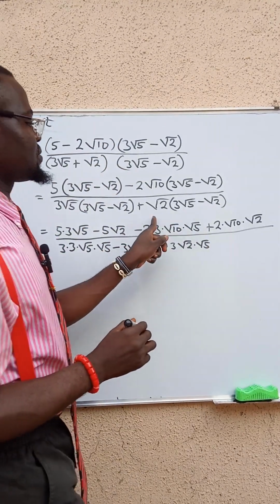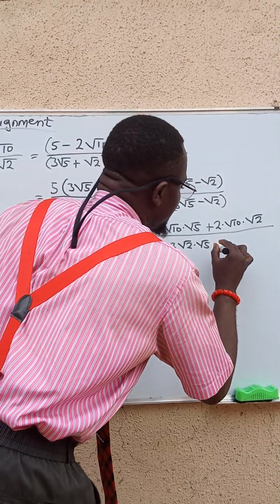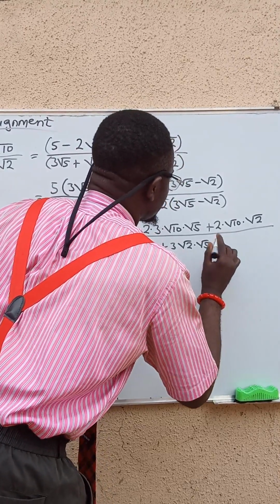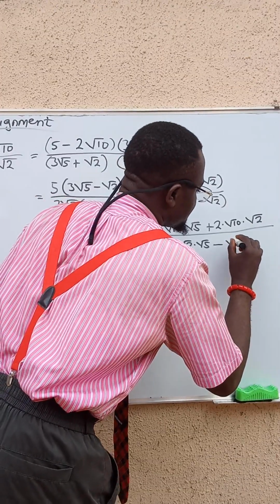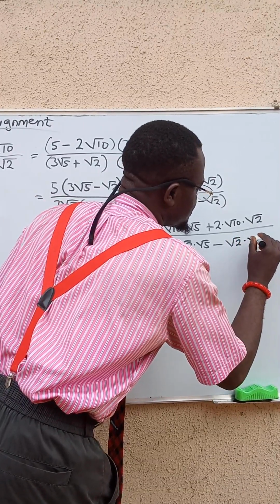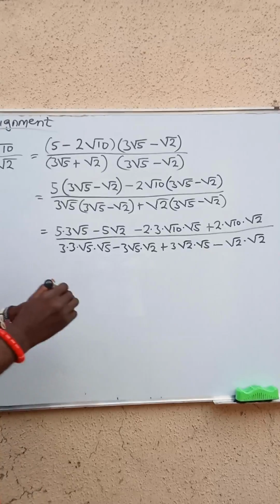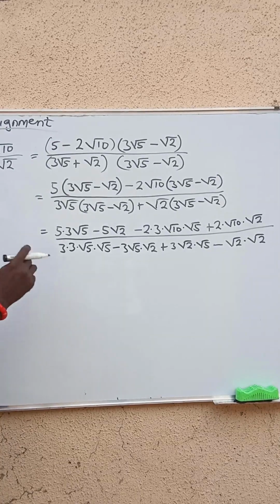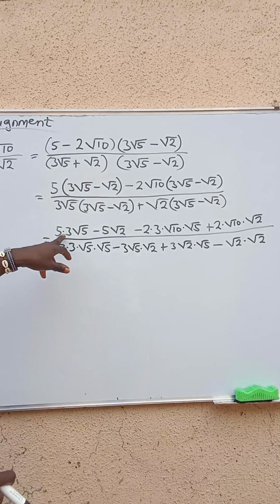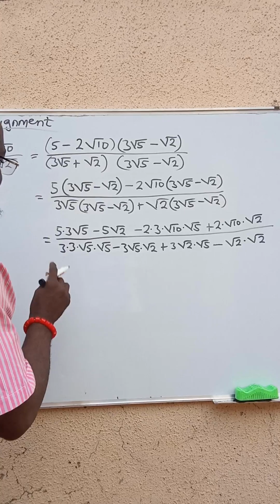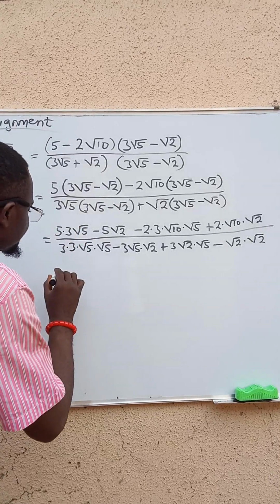Because, good, minus root 2 multiplied by minus root 2 will give me minus root 2 dot root 2. Now look at it here. Look at it. 5 root 3, 5 dot 3 is 15. Then root 5.